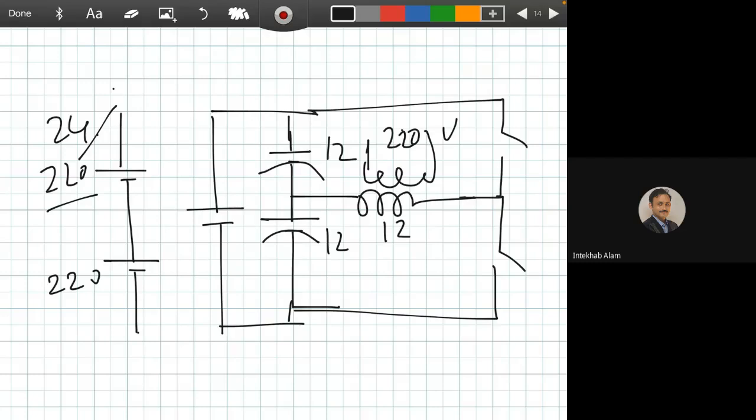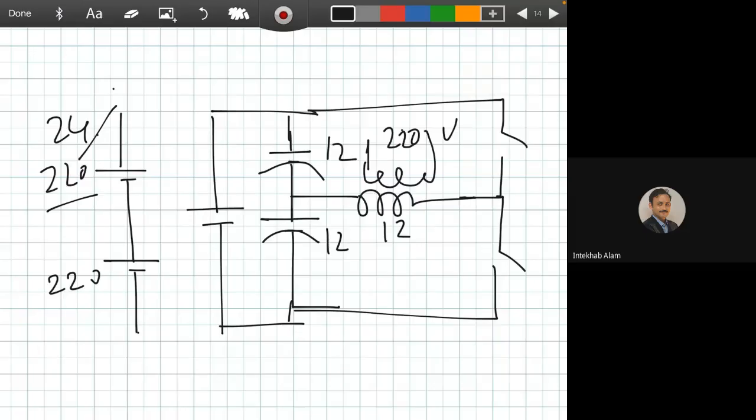Do you think these things require a long time to understand and to draw? In a half bridge inverter, how can you get 24 volts to 220 volts without any boosting of voltage? Either you have to use a boost converter in the very beginning of your circuit, or you have to use a transformer.